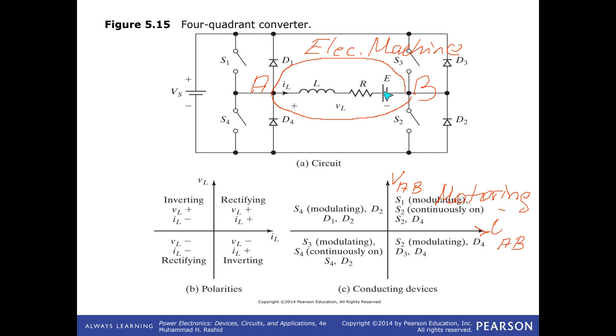I repeat, we are in the recording, so while you are listening, if you listen again, you might be careful. The voltage is reversed, and the voltage becomes different, of course, in the opposite, and the current flows from B. Voltage is negative and current is negative, therefore power is also motoring here. The third quadrant is also motoring.